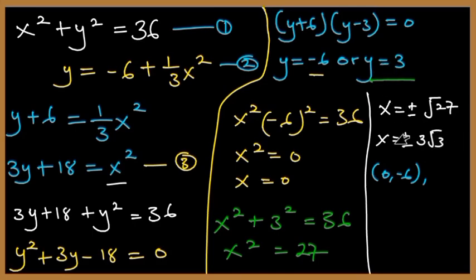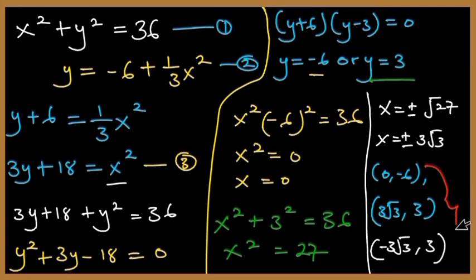That's positive. So I'll have 3 root 3, 3. Then I also have negative 3 root 3, 3. So these ones are our sets of solutions to the equation here.